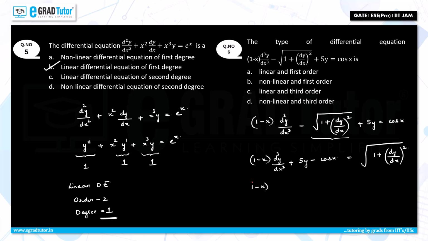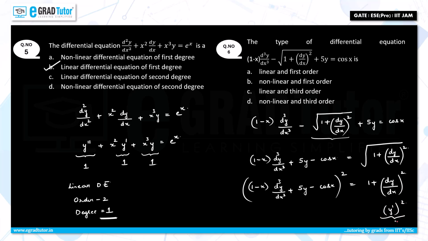1 minus x times d cube y by dx cube plus 5y minus cos x, the whole square, is equal to 1 plus dy by dx the whole square. So if you see here, this is nothing but y dash the whole square.